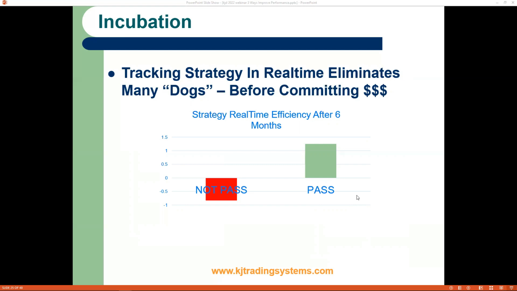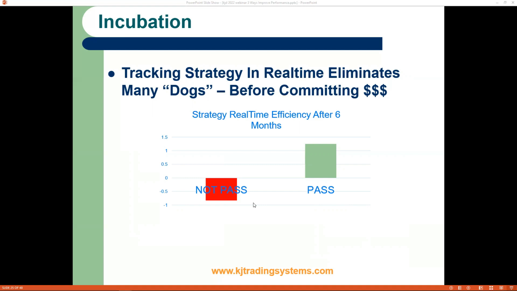And then let's say you run it for 6 months of real time, and it was $1,000 per month over those 6 months. That would be an efficiency of 1, right? It's $1,000 real time per month divided by $1,000 back test. The flip side is, what if it lost money during those 6 months? Well, then you'd be on the red side.